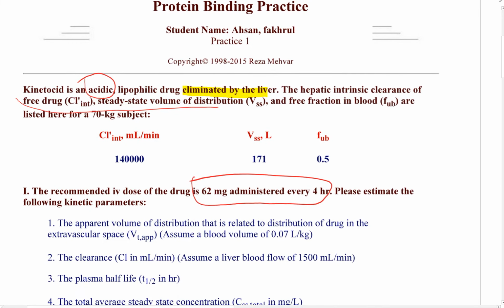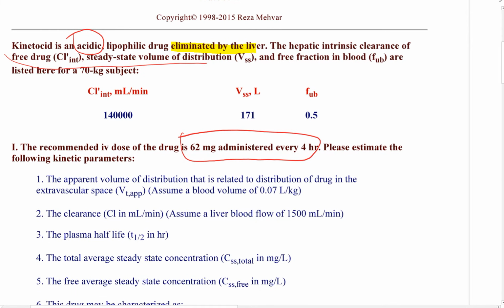Now, the first thing we have to do is the calculation of the apparent volume of distribution related to the distribution of the drug in the extravascular space, which is VT.